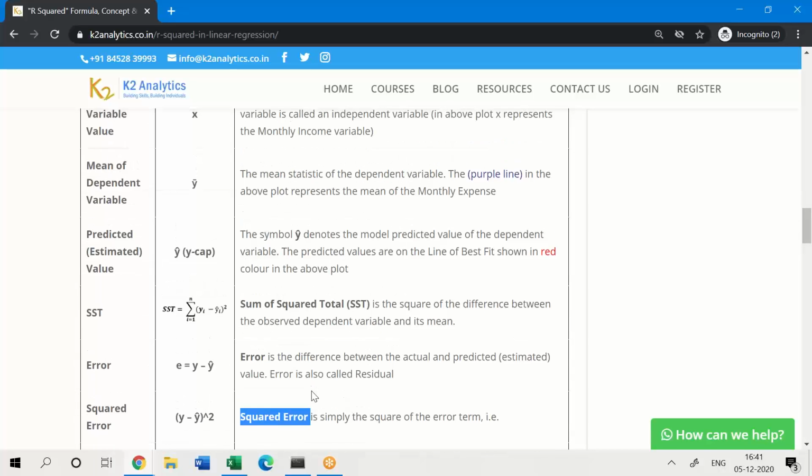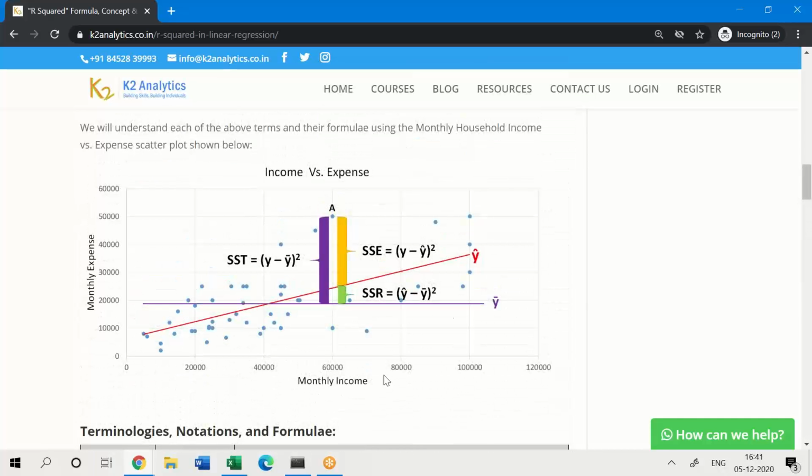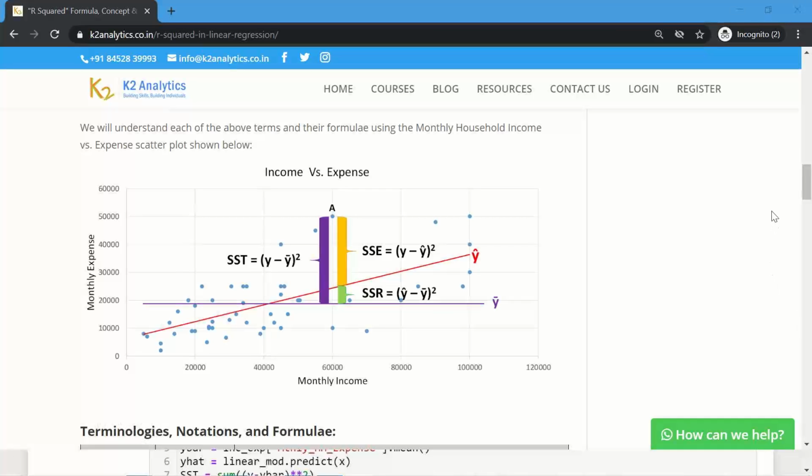Here I have shown y minus y cap the whole square for one data point A, but we'll actually be calculating y minus y cap for this data point also, for this also, and for this also, and then taking a sum of all of these values.